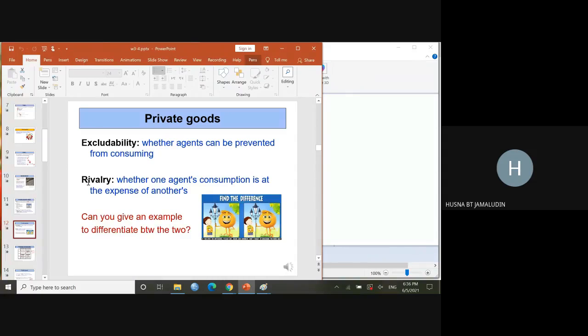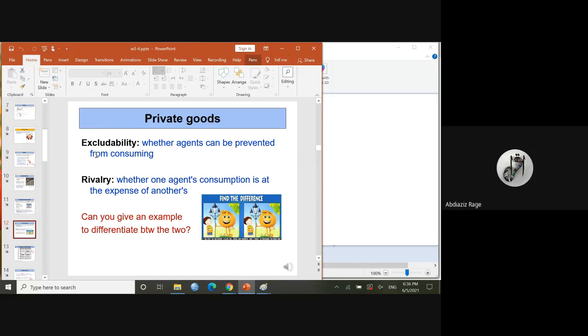Give me one example to differentiate between these two, because these two definitions seem very related, and many students cannot differentiate the difference between these two. So can you give me one example for each to differentiate between these two terms?